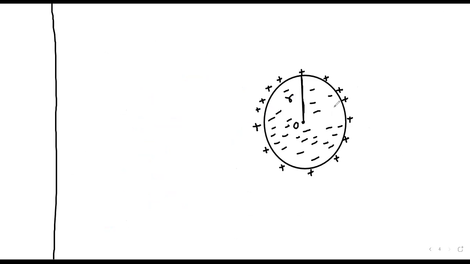Say suppose like this. From the center of the ring, let us consider a point P, which is at a distance x.